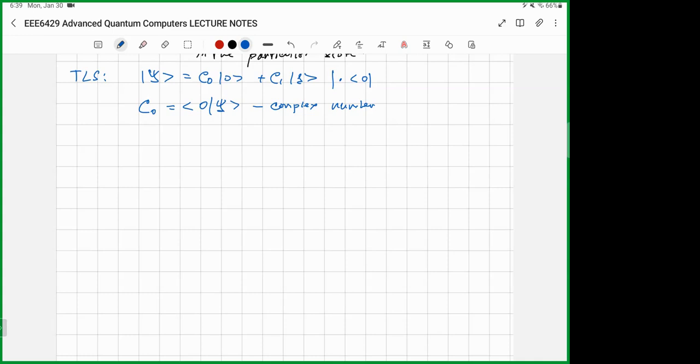That's why to find the actual probability, we have to take the complex modulus squared of this coefficient C sub 0, which is this, right?